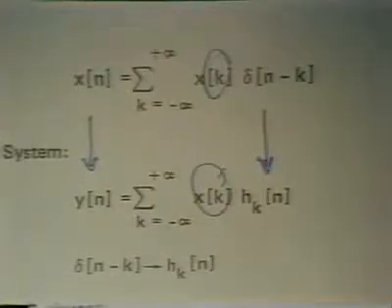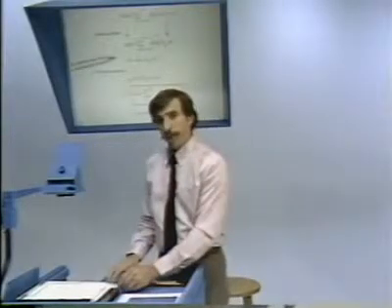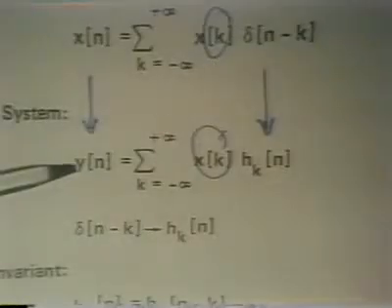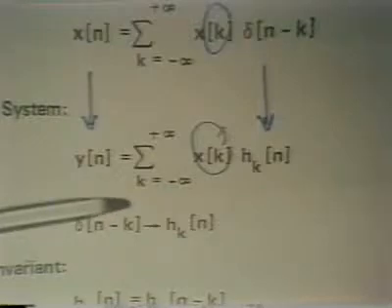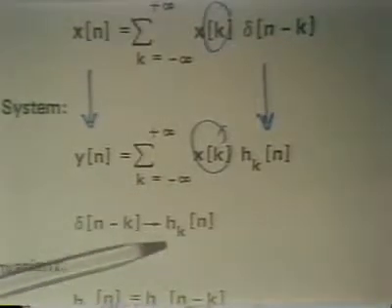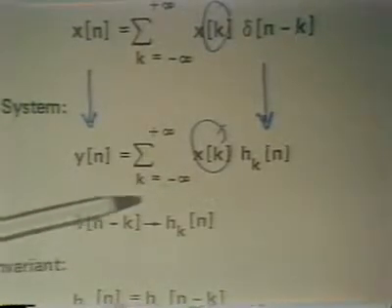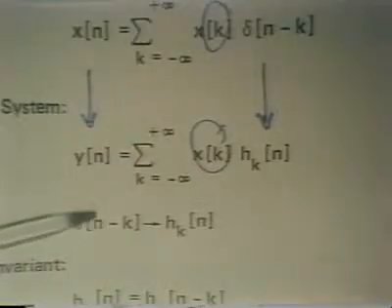So for a linear system, we have this representation, and if now, in addition, the system is time invariant, we can, in fact, relate the outputs due to these individual delayed impulses.